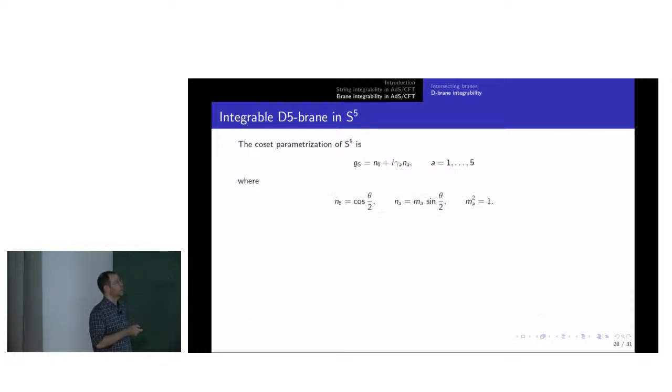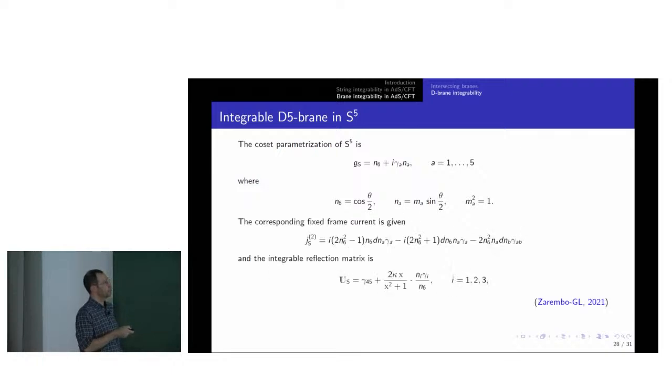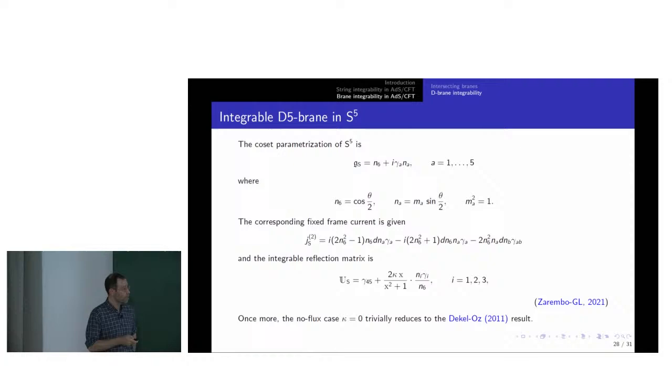And the same goes through for AdS5 times S5. The parameterization is given by these nice quantities right here. We know again the current, and we can construct again these reflection matrices which are dynamical, that is, they depend on the coordinates and on time, and they depend also on the spectral parameter.